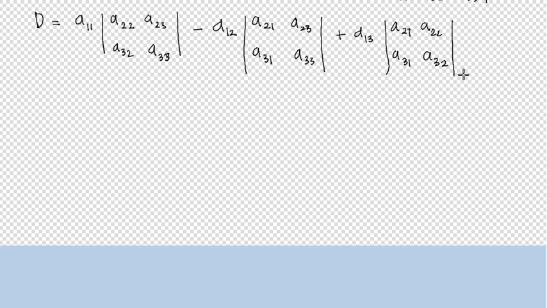So this is how to calculate the determinant. I will just give you one example. So this A22 will be multiplied by A33, then subtract by this, multiplied by this.